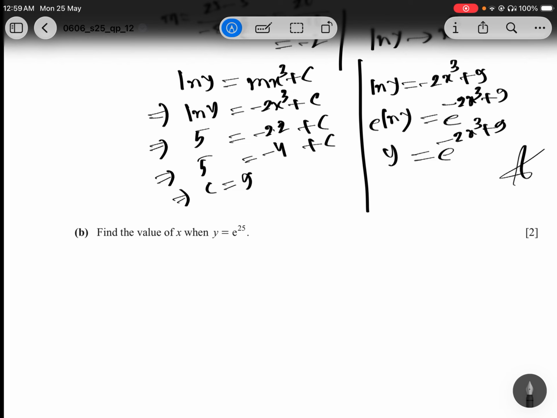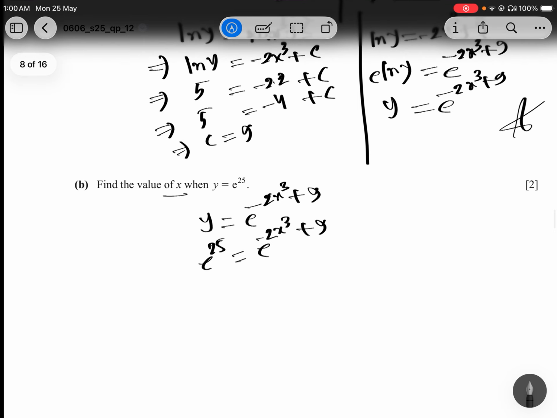Now find the value of x when y is e to the power 25. Y is equal to e to the power minus 2x cubed plus 9 here, and find the value of x when y is e to the power 25. Okay, I can eliminate e from both sides, so it should be minus 2x cubed plus 9.